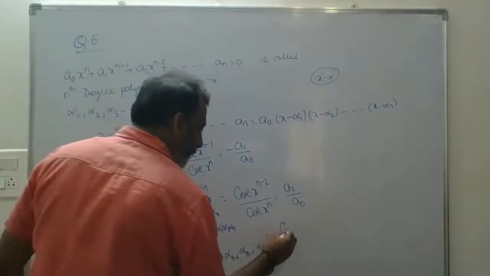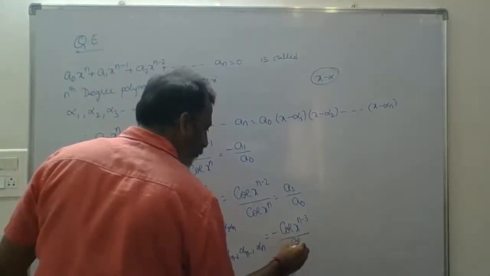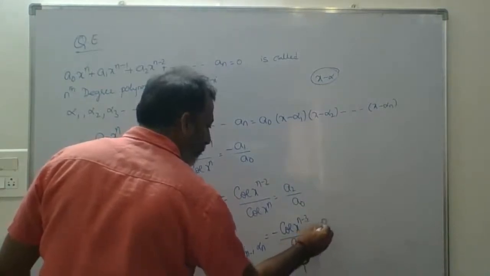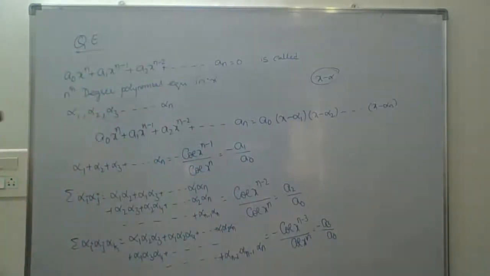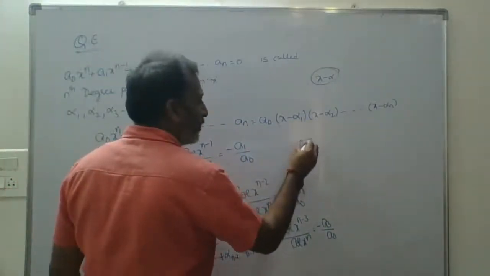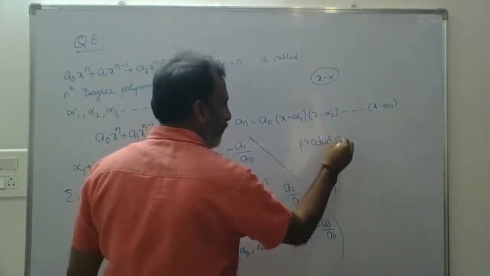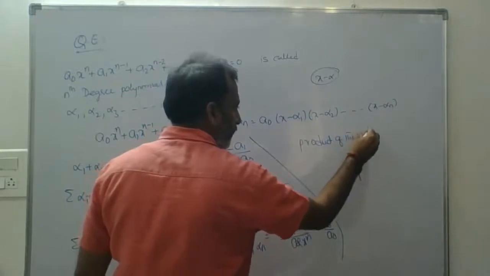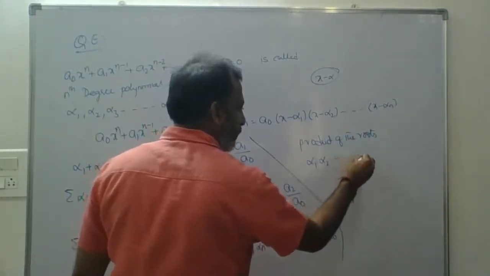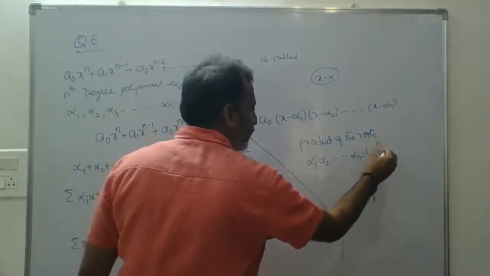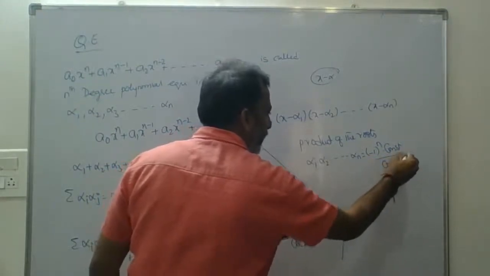Then this formula is minus coefficient of x power n minus 3 by coefficient of x power n, that is minus a3 by a0 and so on. And finally, the product of the roots, that is alpha 1 into alpha 2 into so on up to alpha n, is minus 1 whole power n into constant by coefficient of x power n.